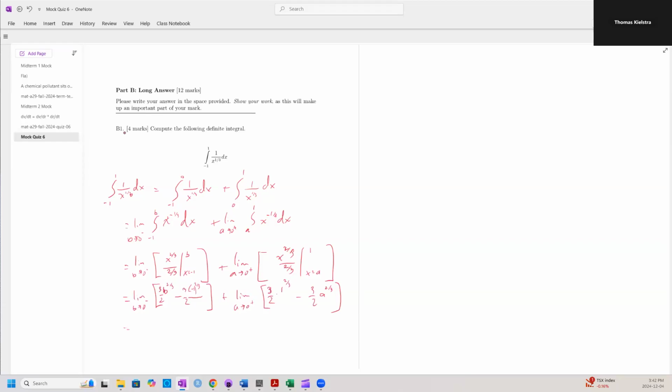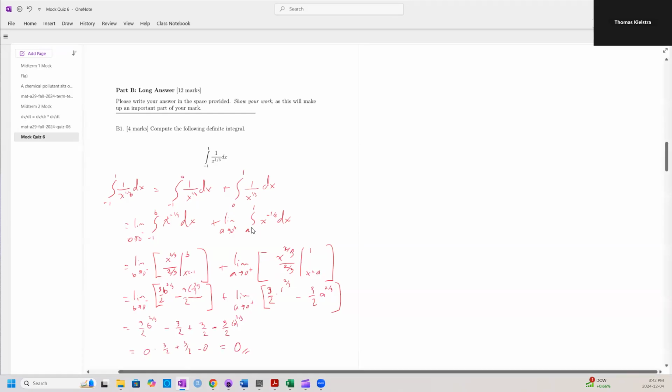Now with b approaching 0, this is 3 over 2 times 0 to the 2/3, minus 3 over 2, since -1 squared is 1 and the cube root is 1, plus 3 over 2 times 1 to the 2/3, which is 1, minus 3 over 2 times 0 to the 2/3. And this gives us 0 minus 3 over 2 plus 3 over 2 minus 0, which equals 0. So our definite integral is 0.